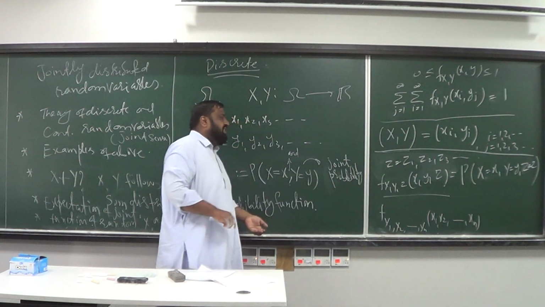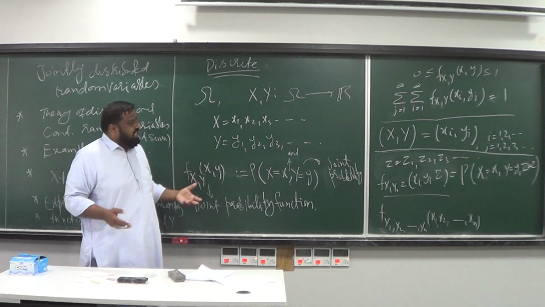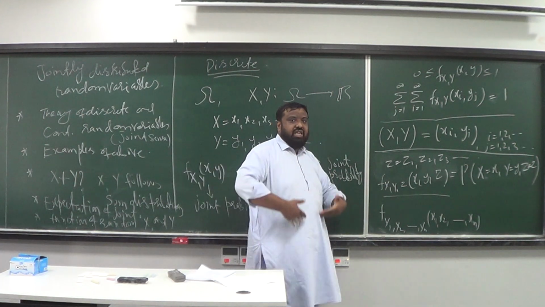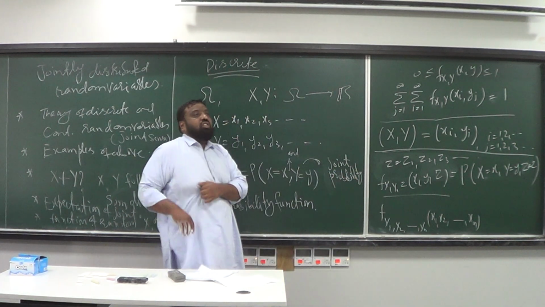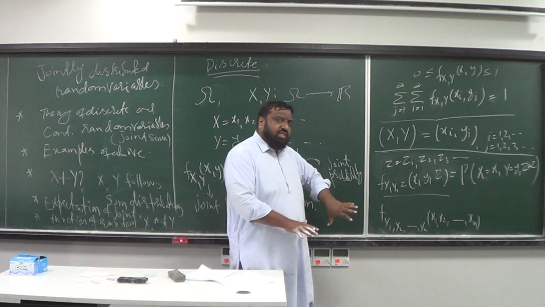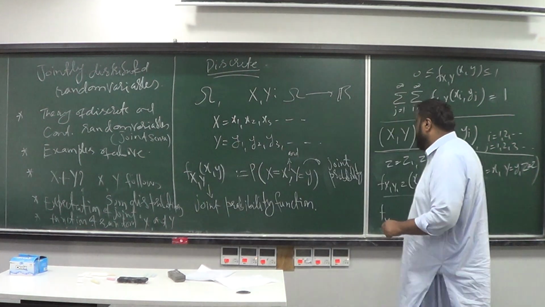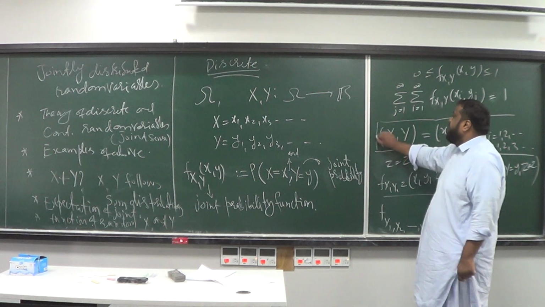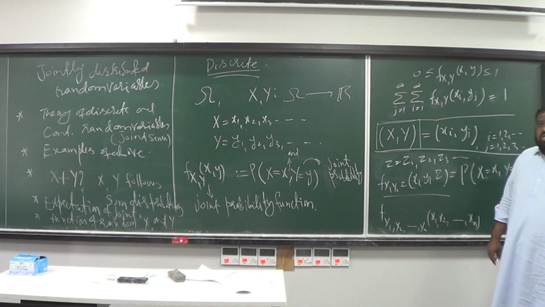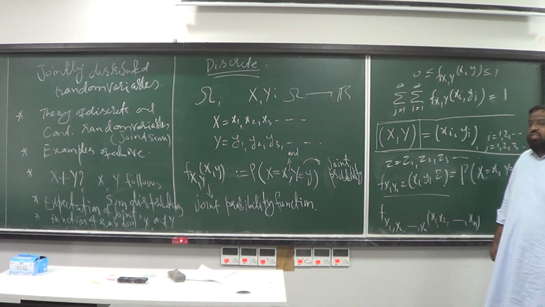So you can easily extend the theory that you have in 2 dimensions, on the same steps, to 3 and higher dimensions, in other words, to more than 3 random variables. But I will only stick to 2 random variables, in other words, the vector consisting of the 2 components, the joint of the 2 random variables, but you can always extend it to more than 2 random variables in the same manner. So the basic ideas are going to stay the same.